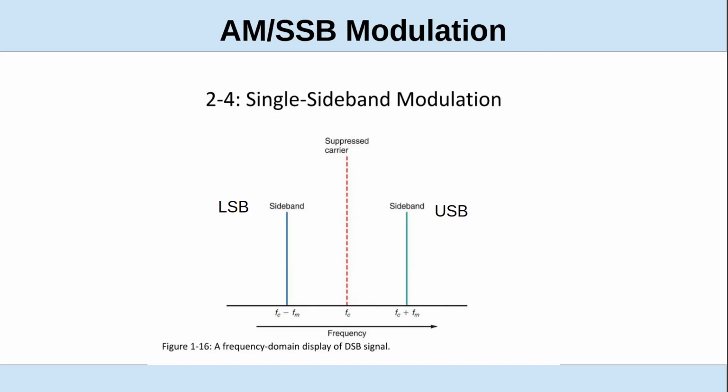There's probably other exceptions, but it's not a law. It's a convention. You could do lower sideband on 10 meters, I suppose. Yeah. You may not find anybody.